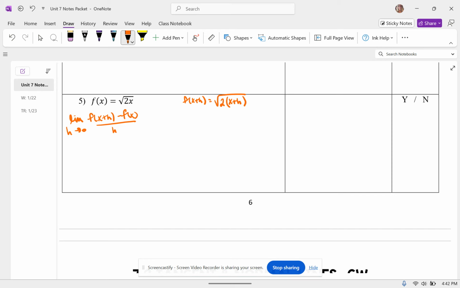That would look like the square root of 2x plus 2h, minus f of x, which is the square root of 2x, all over h. Now this is going to be an indeterminate form, so I have to multiply by the conjugate.